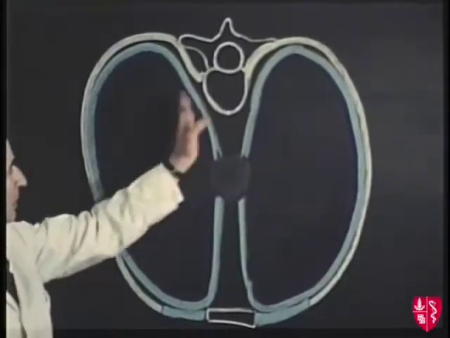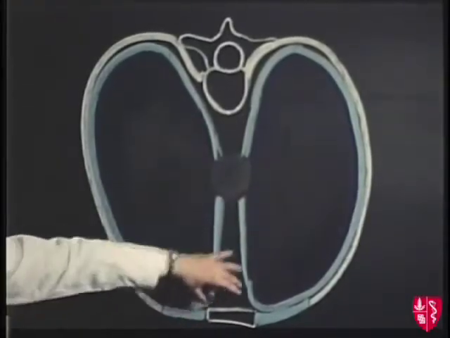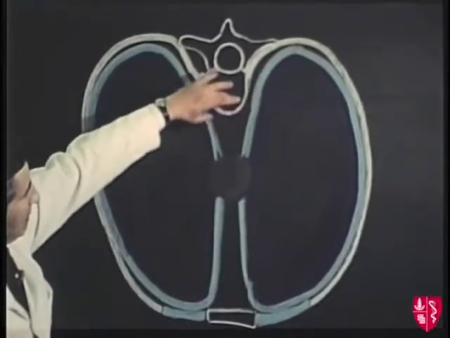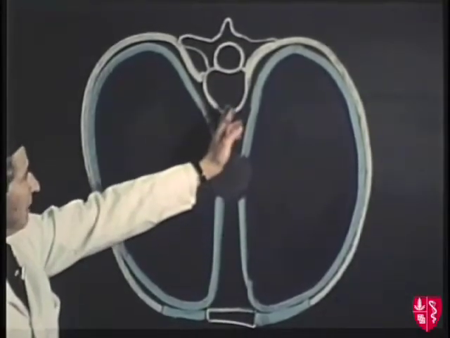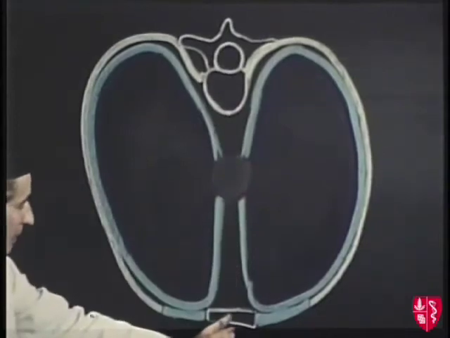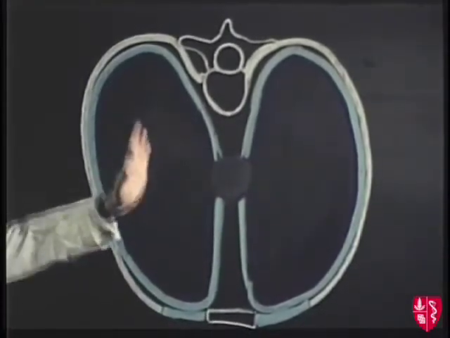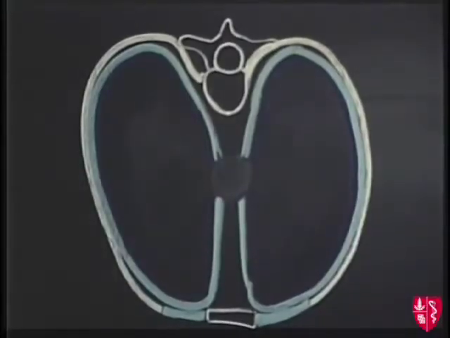We saw how this large thoracic cavity became divided into two by the presence of this mediastinum, this partition which extends between the vertebral column behind and the sternum in front, up to the root of the neck, to the entrance into the thorax, and down to the diaphragm below.